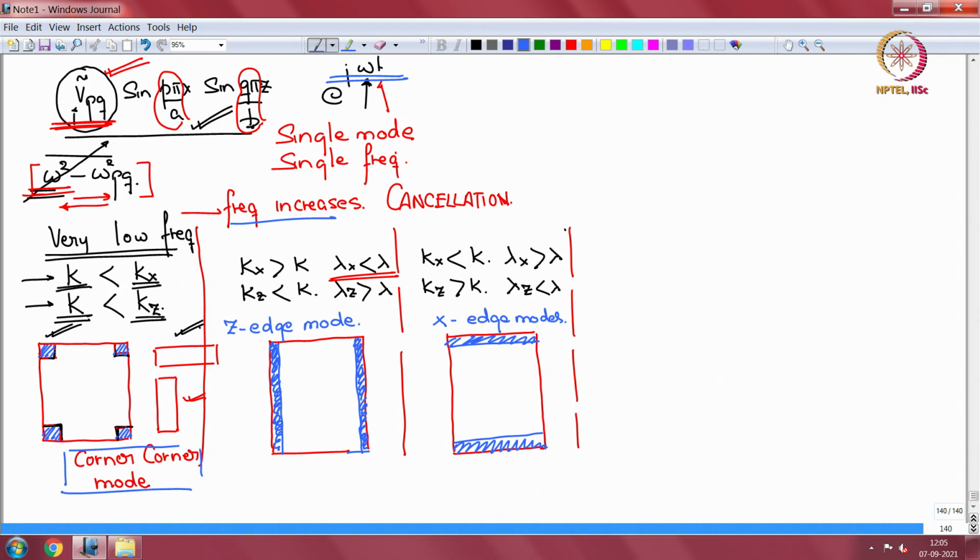Following this, we can have the next situation, where kx square plus kz square is greater than k square, but kx is less than k and kz is less than k. This is a unique situation. So lambda x is greater than lambda and lambda z is greater than lambda, but not totally.